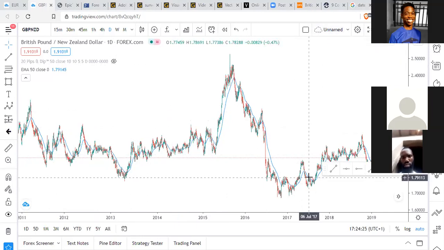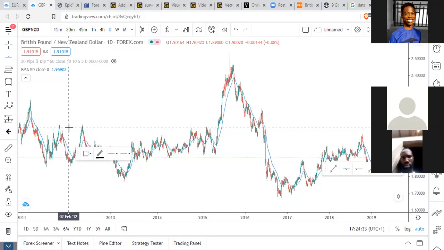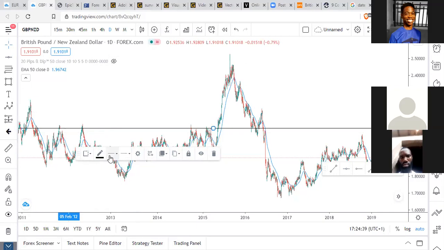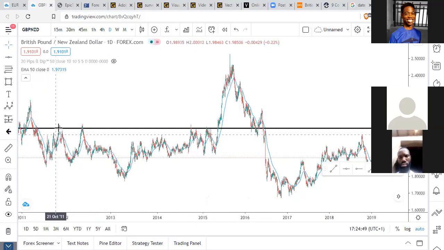So what am I going to do? I will place my horizontal line right there. Let me adjust the thickness so you can see it clearly. What is it telling me? Price went up here, reacted, fell, went up again, fell, went up and fell again. Then it broke it, came back down, went up, then came down.